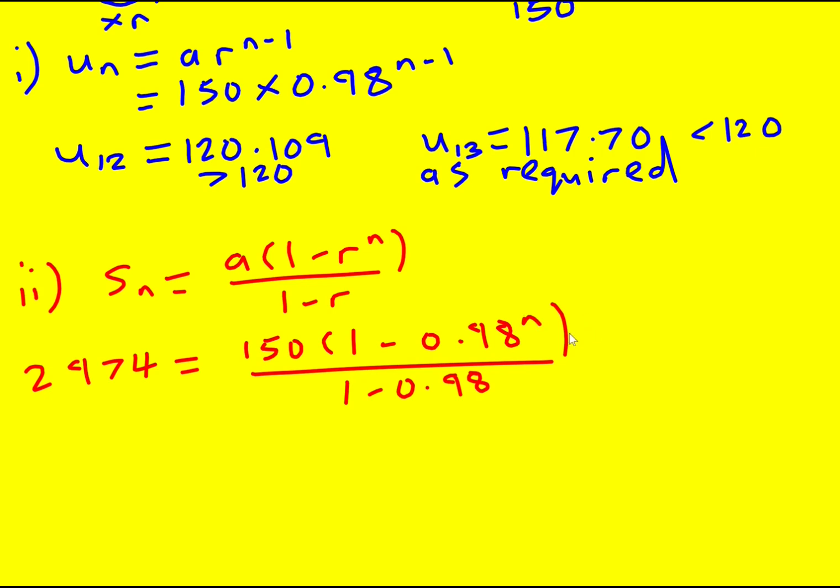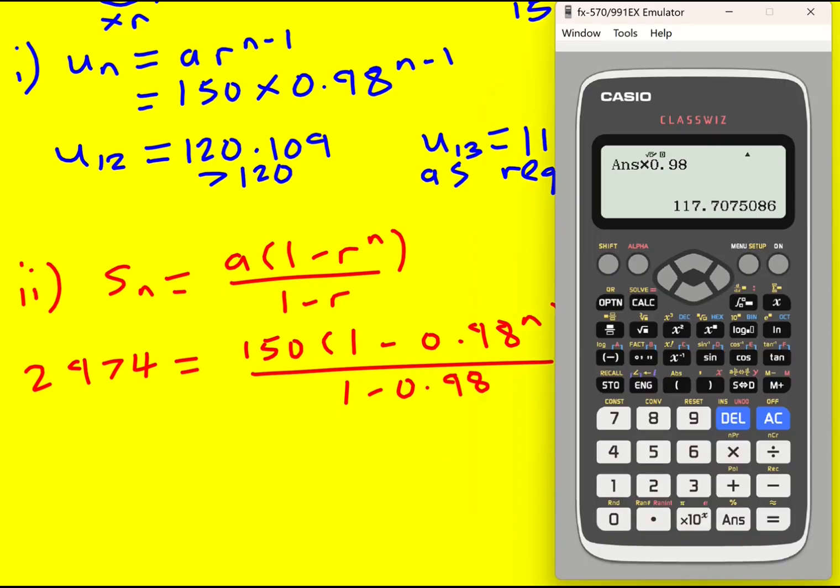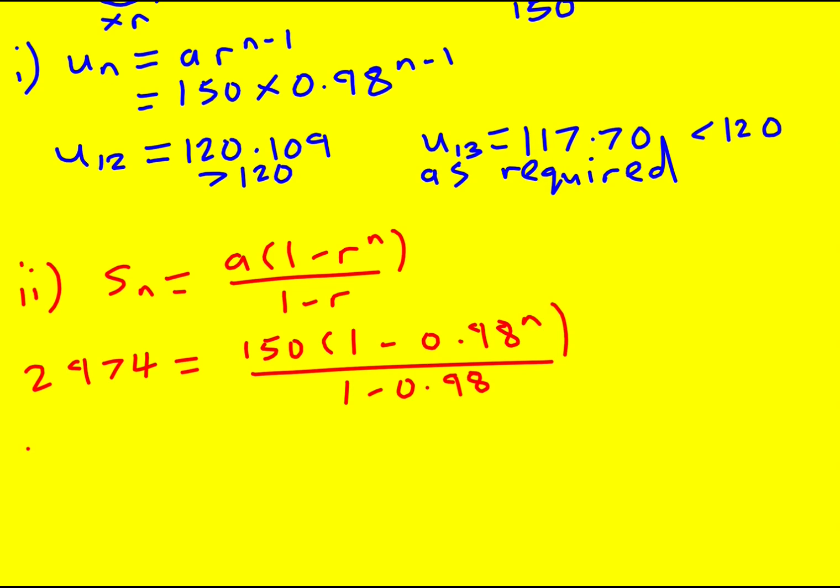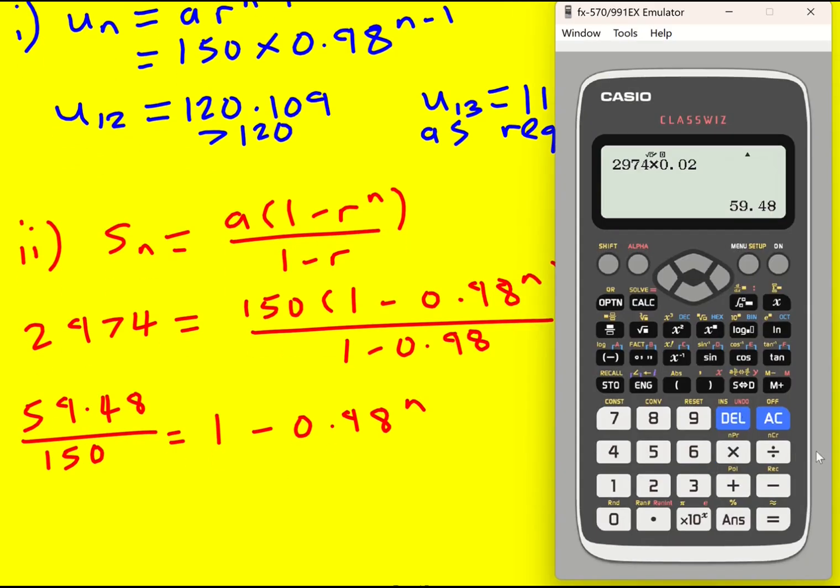So next thing to do, well, this is going to be 0.02, so I'm going to multiply that through. So 2974 times 0.02, or you can put it in as a bracket, 1 minus 0.98 if you want to be careful. So 59.48. And then I'm going to divide through by 150 as well. So that will equal 1 minus 0.98 to the n. Okay, so a bit of rearrangement.